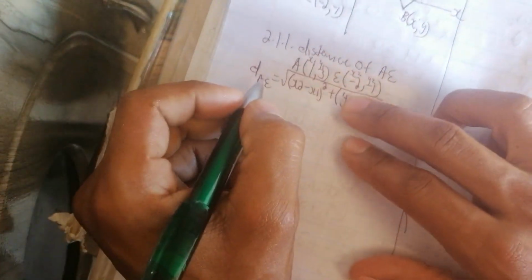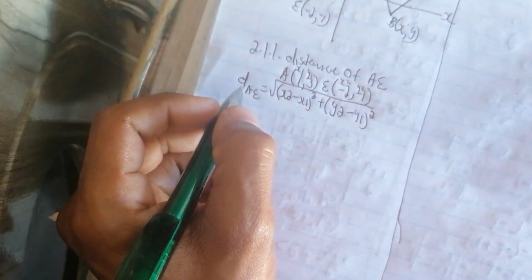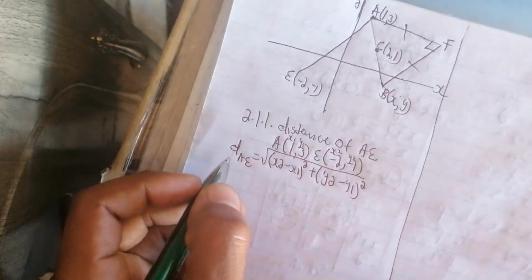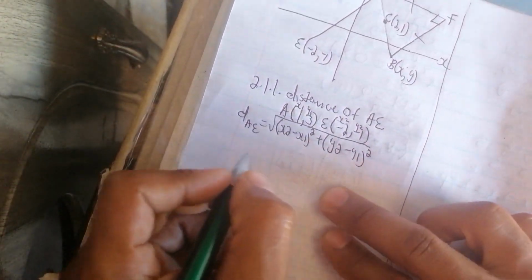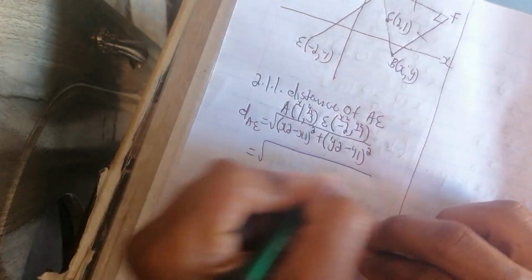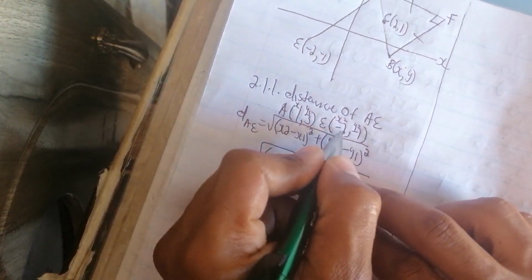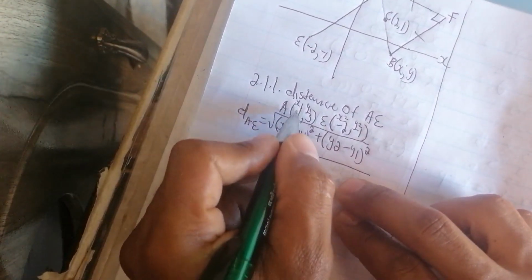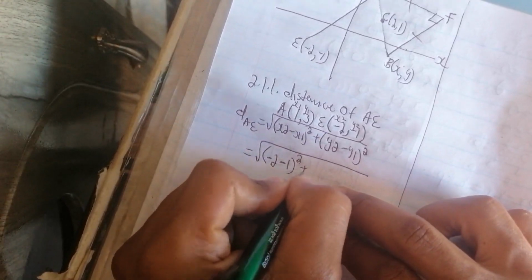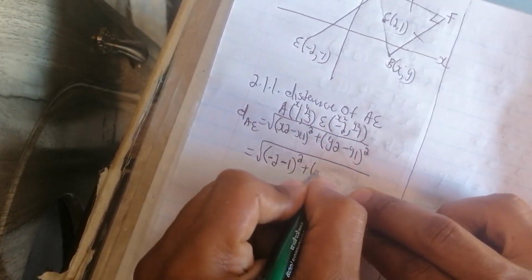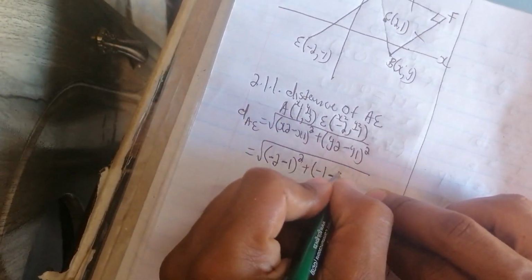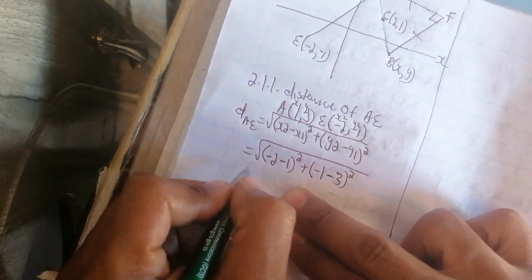Right, let's work on this. My x2 is minus 2, minus my x1, which is 1, squared. My y2 is minus 1, minus my y1, which is 3, squared.